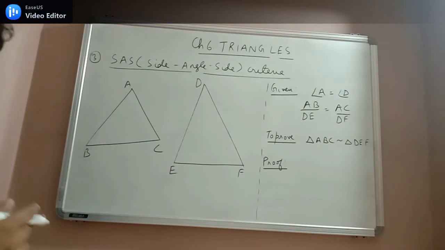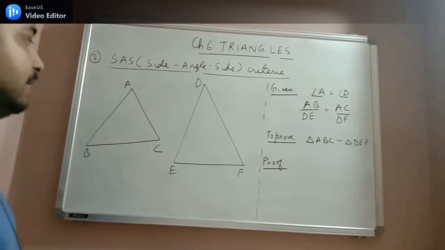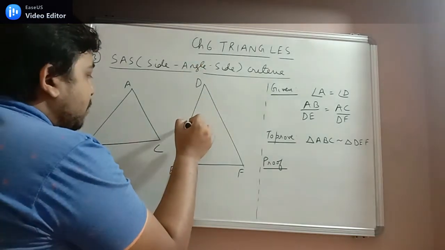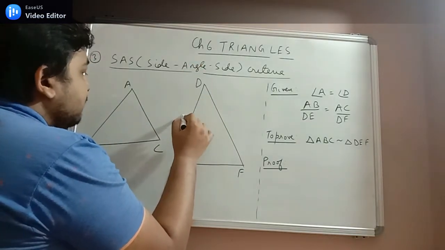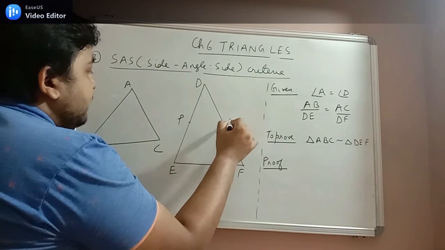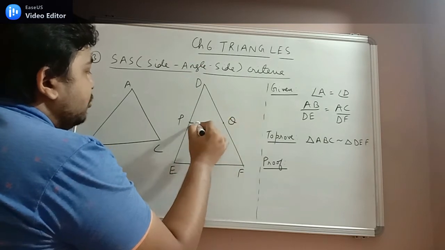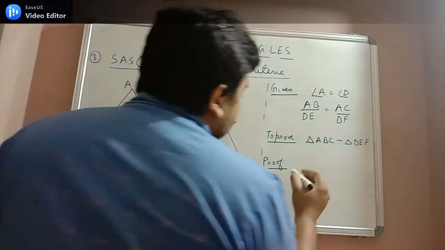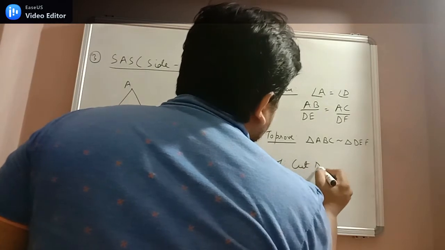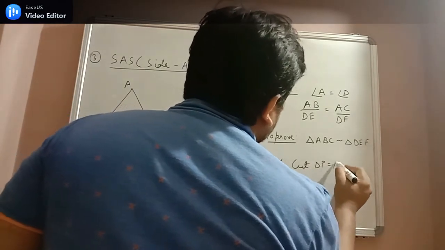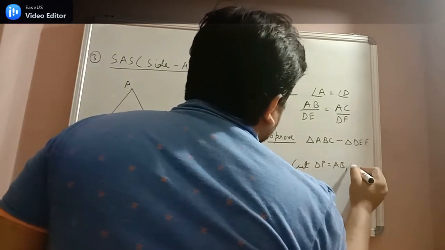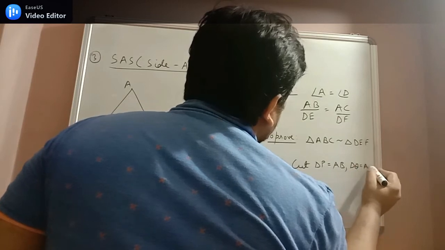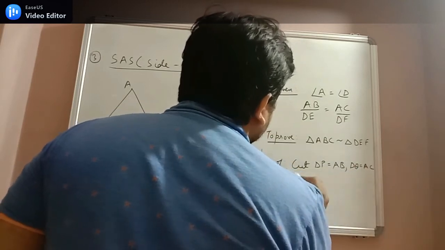Now again for this also we have to have the same construction, that is cut DP equal to AB and DQ equal to AC and join PQ.